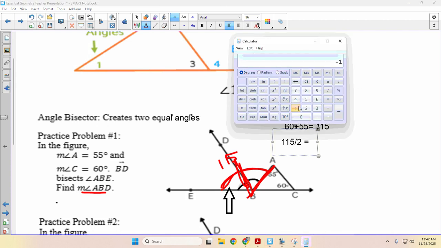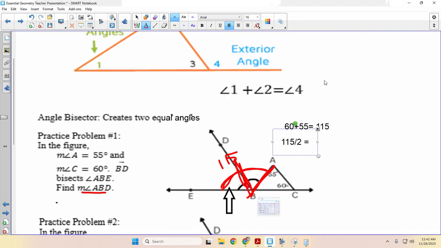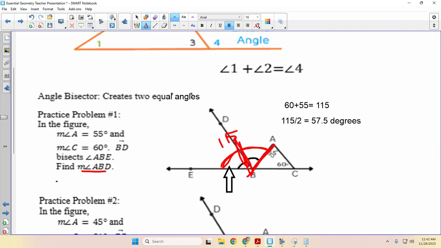And 115 divided by 2 is 57.5. And we're not afraid of decimals because we have a calculator. Okay, so the process is add these two interior angles together and then divide it by 2 to find the angle cut in half.